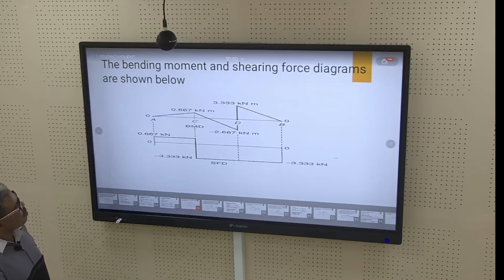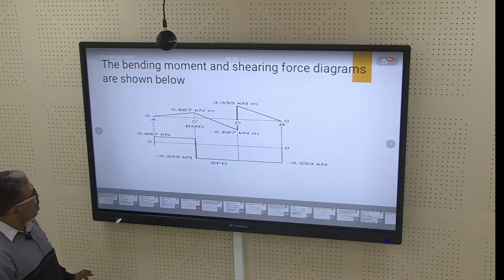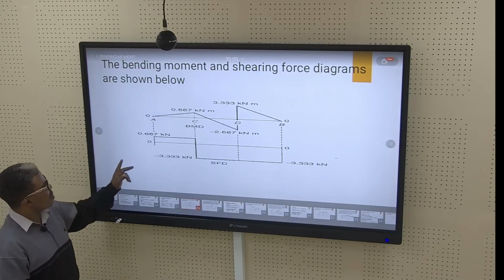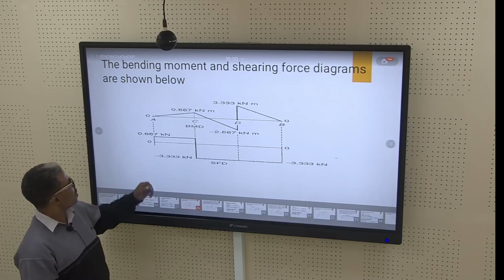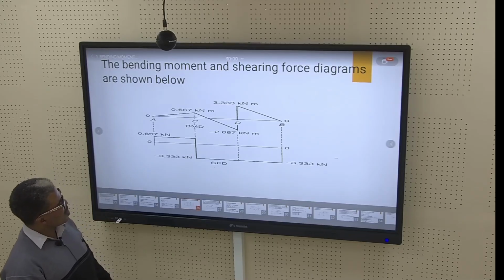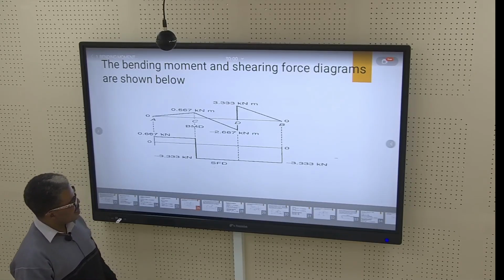So the diagrams now for the bending moment and the shearing force will look like this. Positive is 0.667, and just to go downwards, when it reaches negative 2.66, the mark at the range of CD, then positive, changing the direction, that is 3.33, making 4 in total.